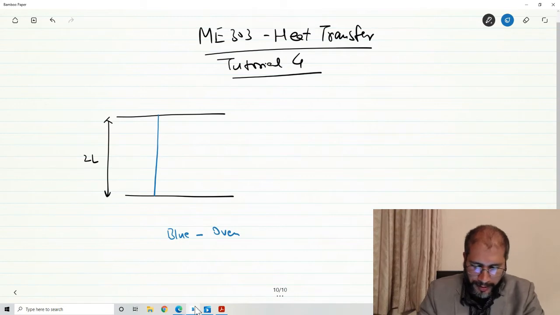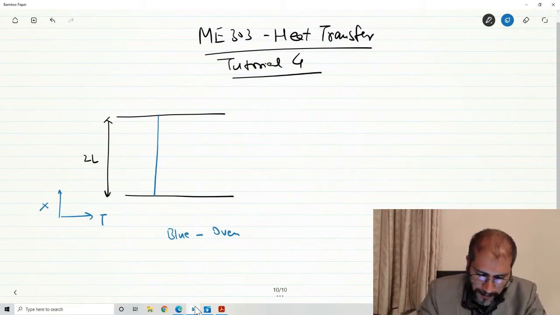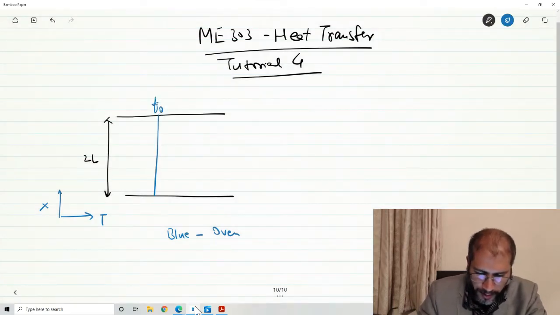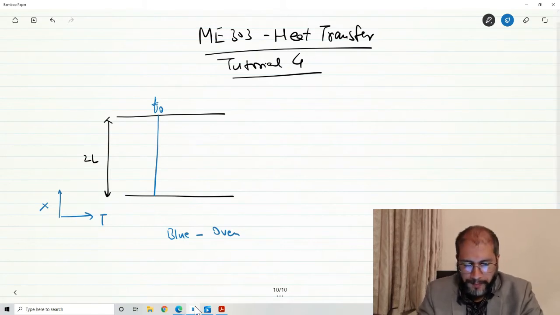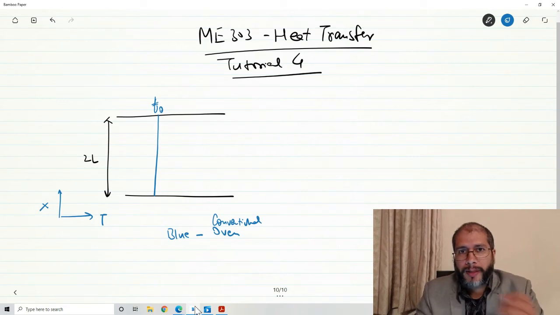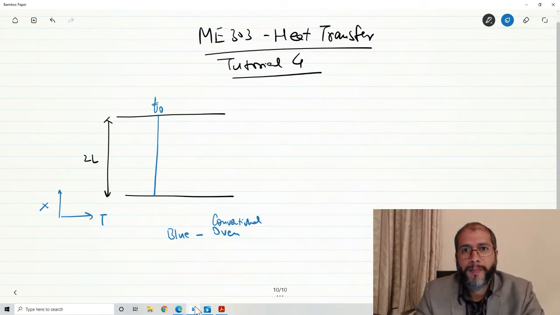So I'm plotting the temperature on the x-axis. So that's my temperature, and this is my, let's call it x. This is T0, and then at a later time, with this conventional oven, the heat from the sides will take some time for the energy to seep in, and there will be a conduction resistance as well.